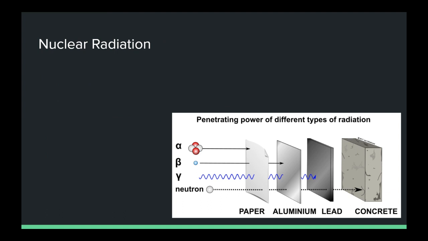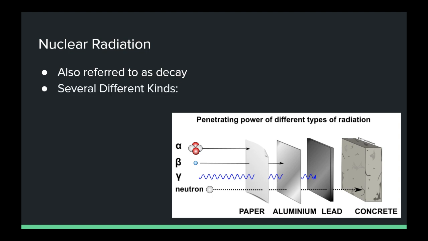So, the answer to the first question, what is nuclear energy? Well, it comes from nuclear radiation. It also can be referred to as ionizing radiation or decay. Essentially, it refers to energy that's released when subatomic particles are emitted from an atom with high speed.